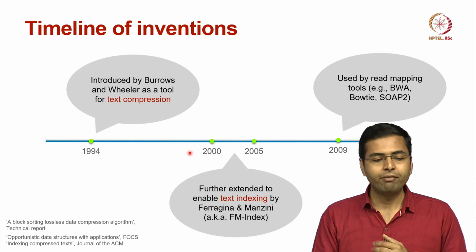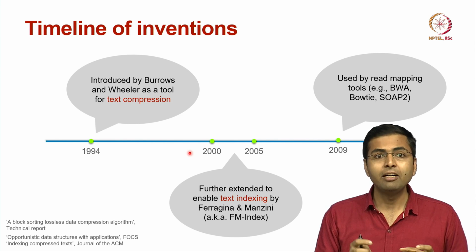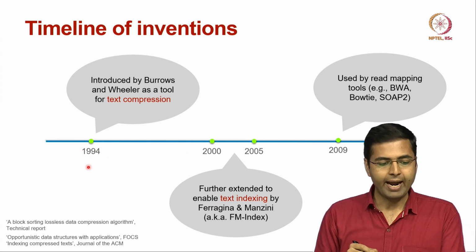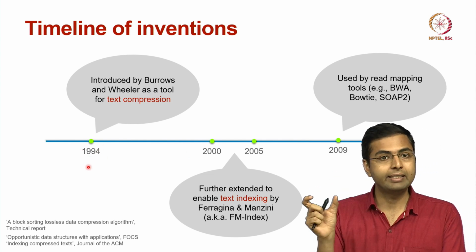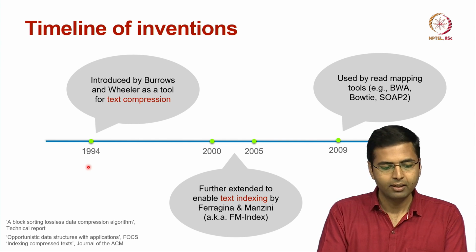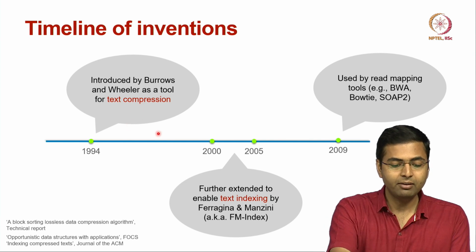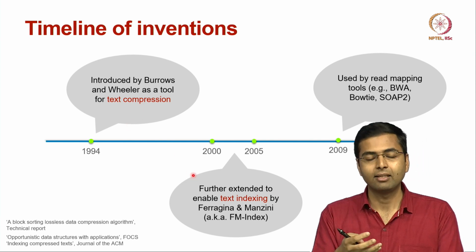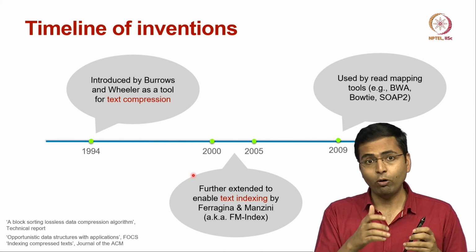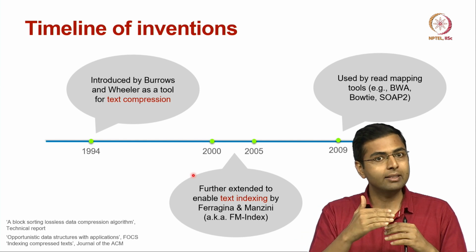So here is the timeline of the inventions as far as these topics are concerned. The Burrows and Wheeler text compression was invented in 1994, and the Burrows-Wheeler transform takes its name from the authors who invented this technique. A decade later, it was realized that this compression mechanism can also be used as an index, in the sense that if we make some modifications to this compression, then we can also do fast information retrieval while using a small amount of space for the index.